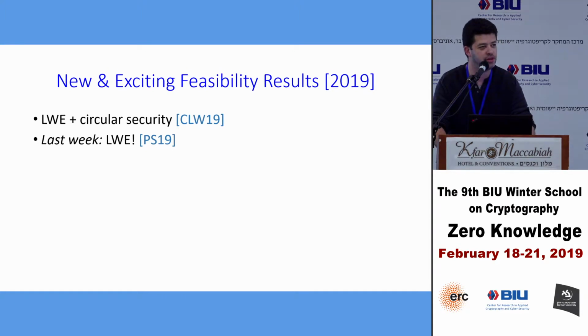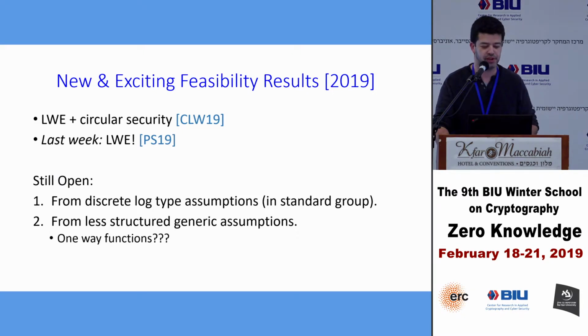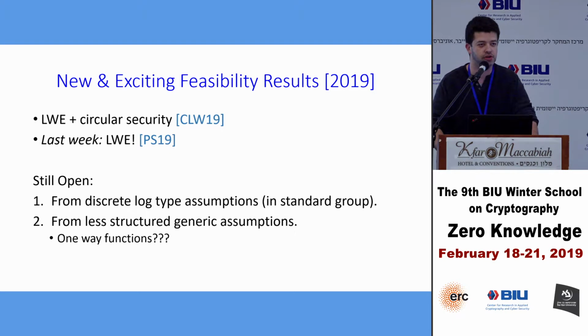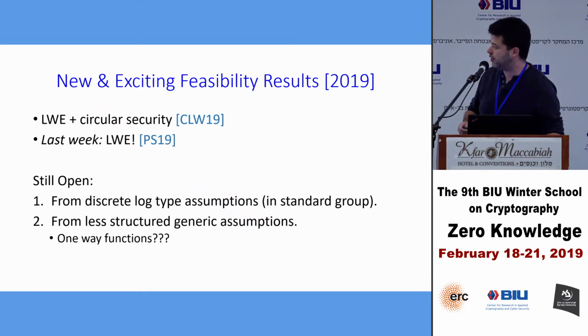It also goes to show you that there's active research, very active research, I would say, on these problems. And still a lot more to discover. In particular, two open questions that I wanted to mention. One is that we currently don't know how to construct NIZK from discrete log type assumptions, things like the decisional or computational Diffie-Hellman assumptions in groups that don't have a bilinear map. That's open.